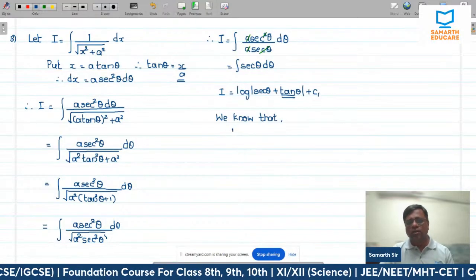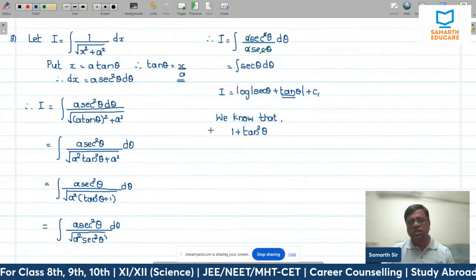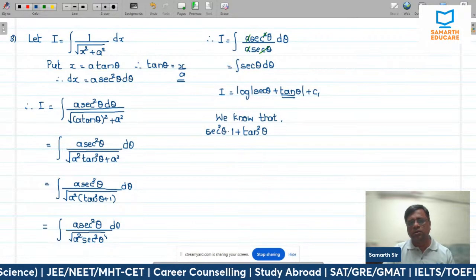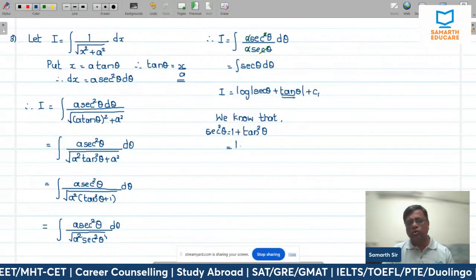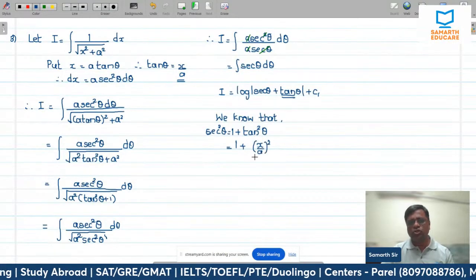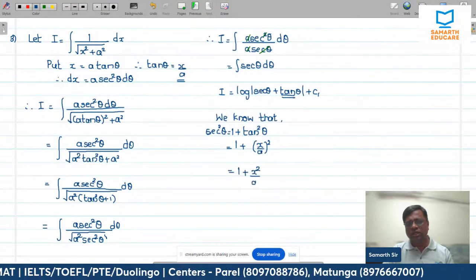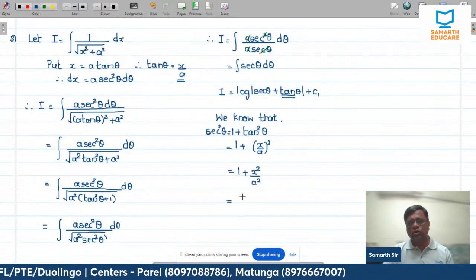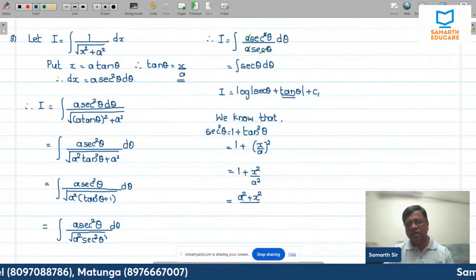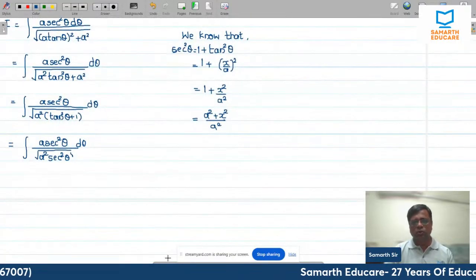So 1 plus tan square theta is sec square theta. So that is equal to 1 plus (x upon a) the whole square, and that is equal to 1 plus x square upon a square, and that is equal to a square plus x square divided by a square.